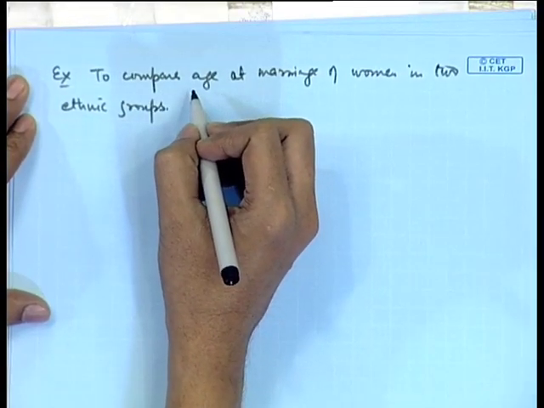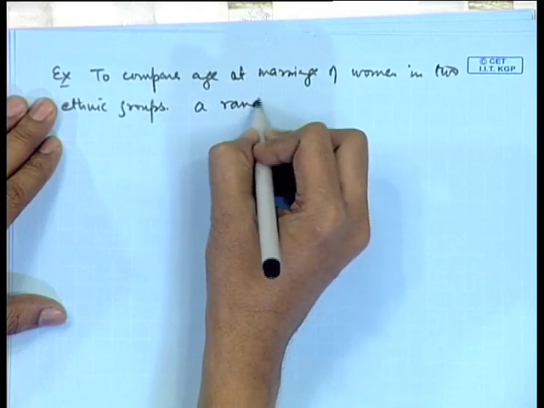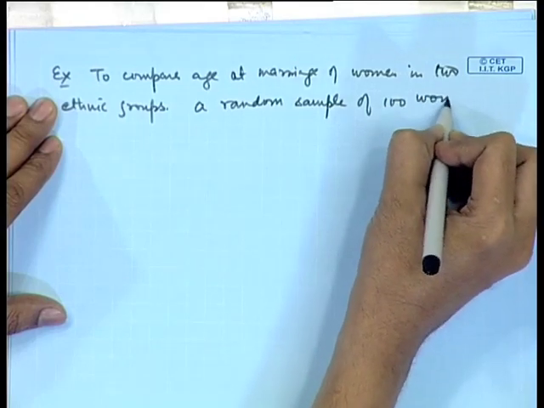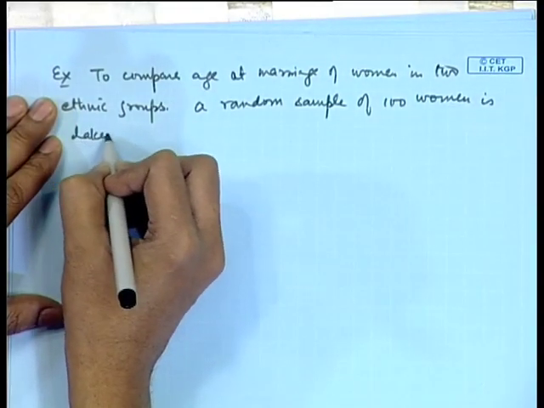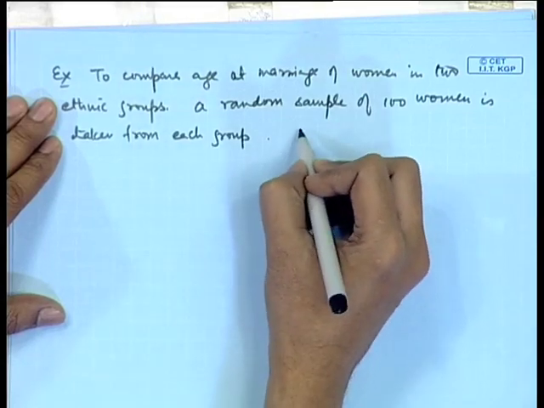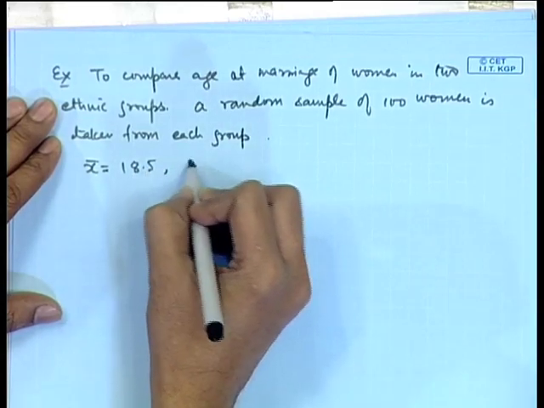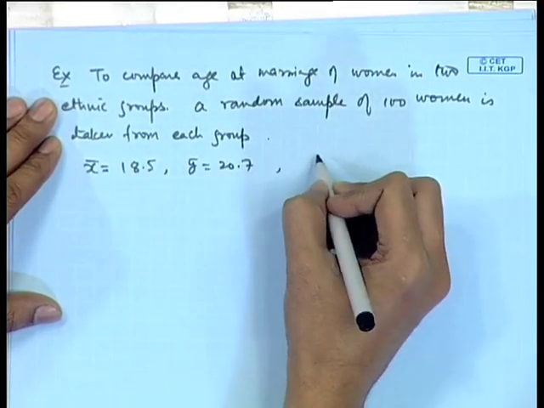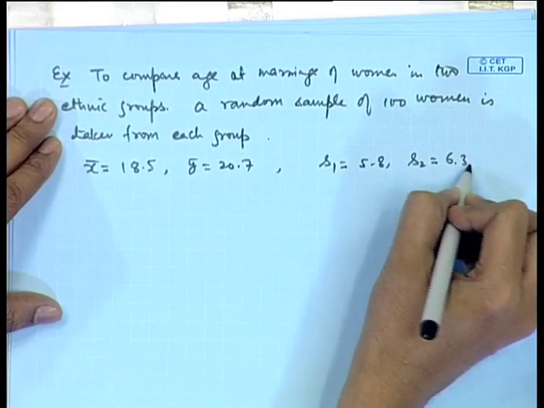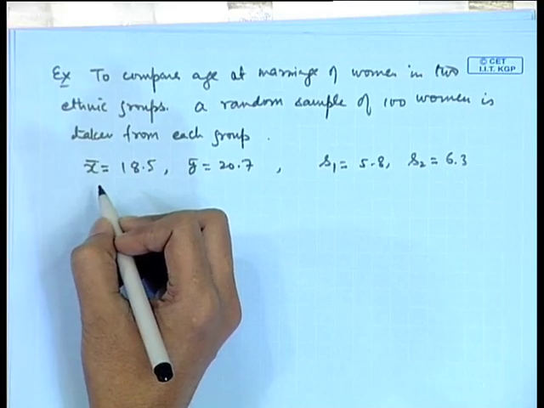A random sample of 100 women is taken, and we observe that x bar is equal to 18.5 years, y bar is equal to 20.7 years, and S 1 is equal to 5.8, S 2 is equal to 6.3, and we want say a confidence interval for this.